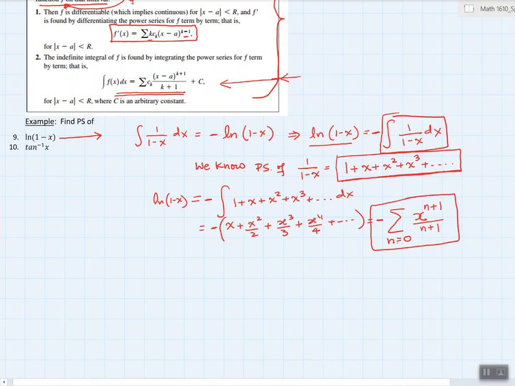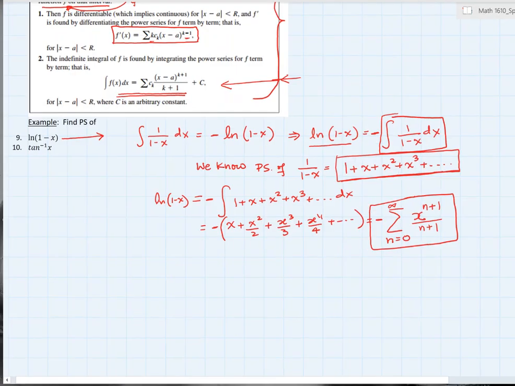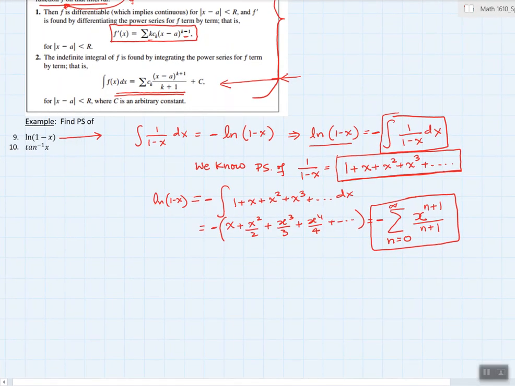So you start with 0, you get x, you put n as 1, you get x squared over 2, you put n as 2, you get x cubed over 3, and so on till infinity. So therefore the power series of log of 1 minus x is this term.